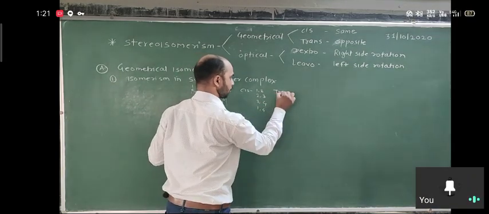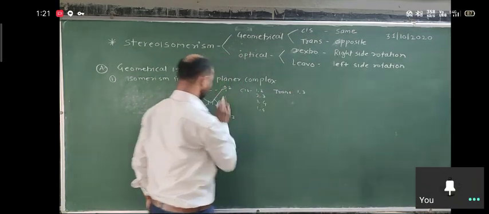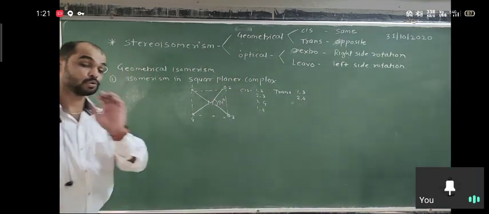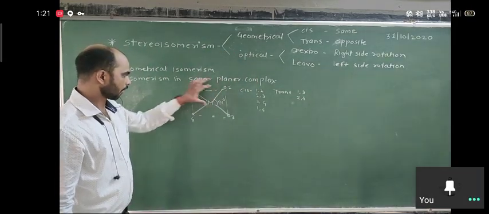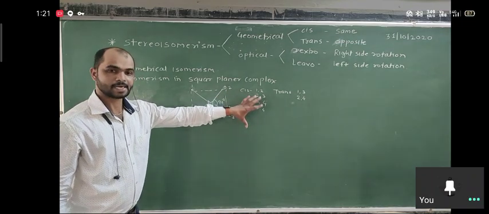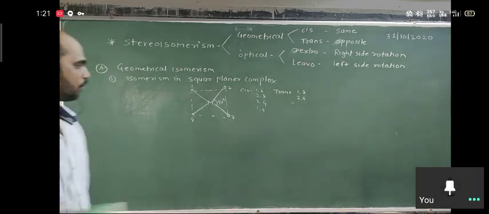And which are the trans? 1, 3 and 2, 4. If two same ligands have this type of position, we say it is cis or trans. We are going to discuss one by one.